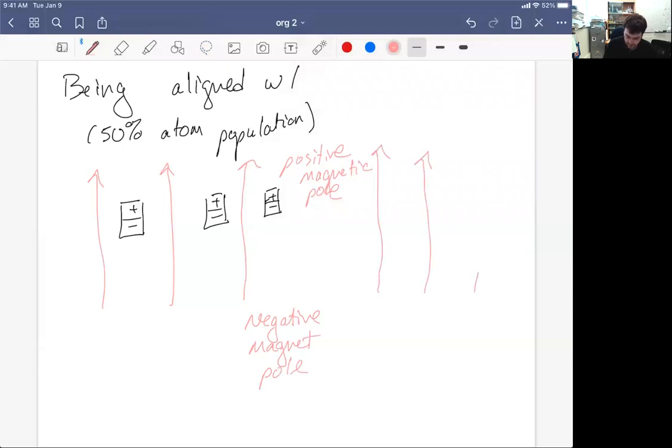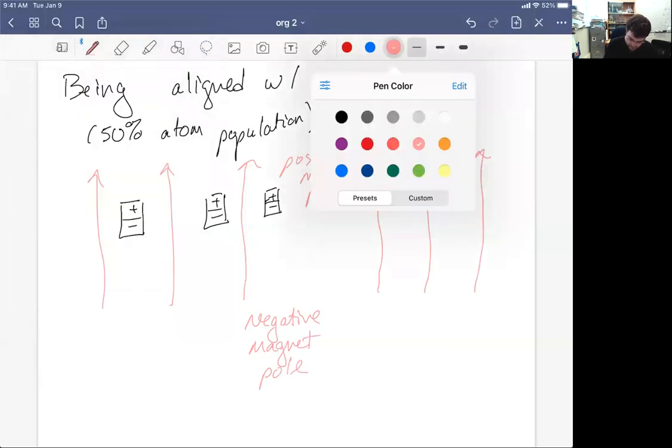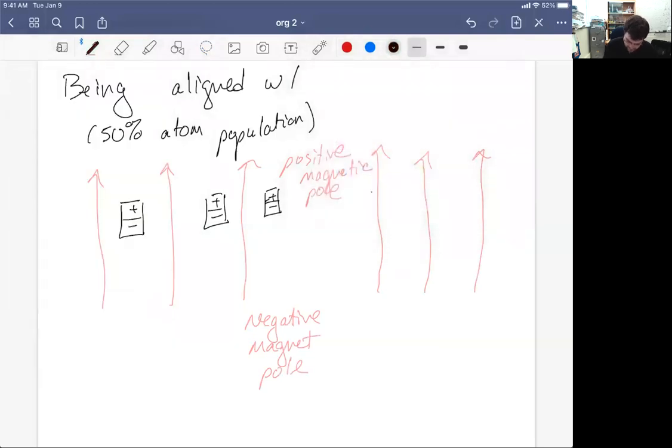So 1/2 are aligned with and 1/2 are opposed. Now I realize that if you haven't had physics, maybe you want a lot more explanations about a lot of this. I would really encourage us to remember that we have a lot of opportunity to learn all of this in other contexts. Right now, we're trying to understand what's happening in NMR spectroscopy.